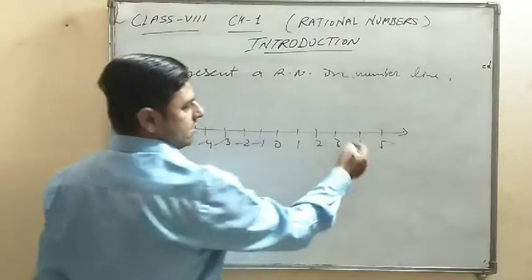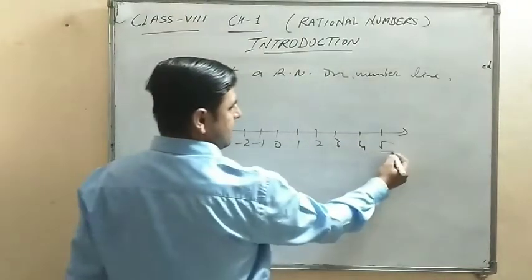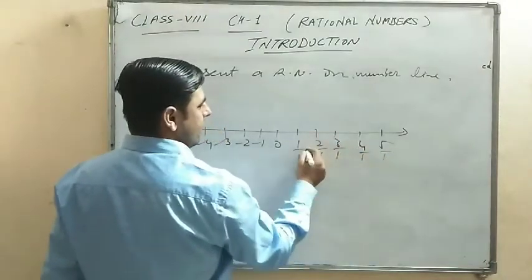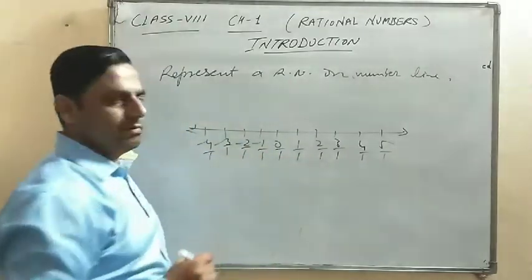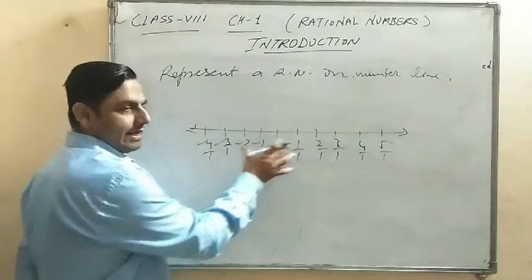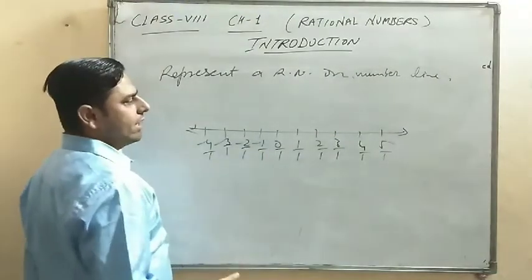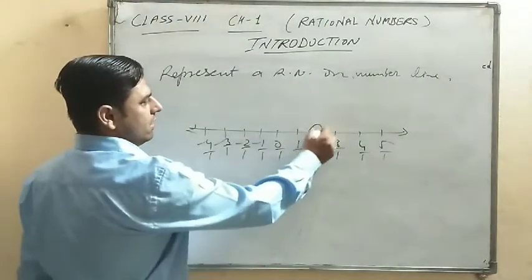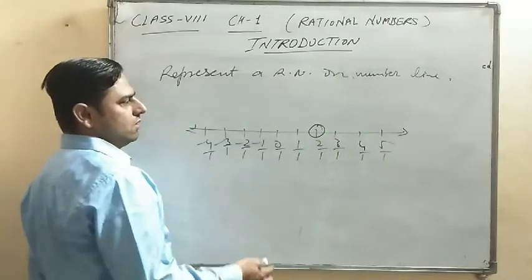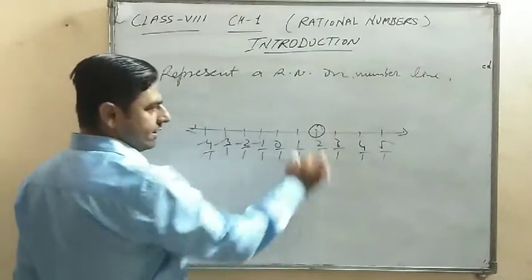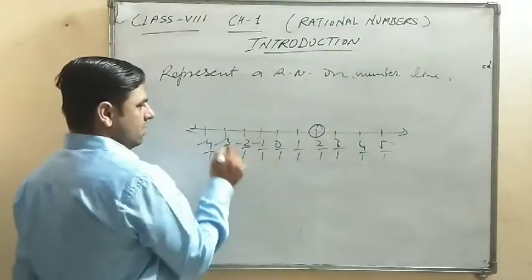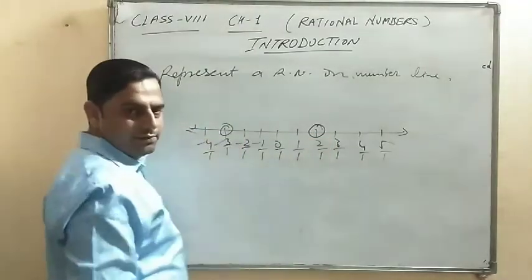We will change these numbers into rational numbers by writing 1 as the denominator of every number, then it becomes a rational number. So now you can check here. You can plot, suppose you have to plot positive 2. So here you can plot -3.